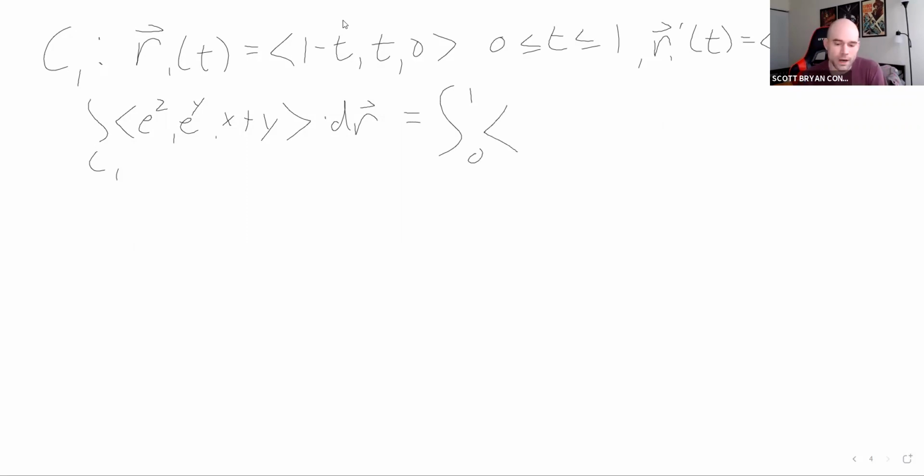E to the z, e to the y, x plus y becomes e to the 0, which is just 1, e to the y, which is t, so e to the t. And then x plus y is going to be 1 minus t plus t, which is 1. And then we said our r prime of t was negative 1, 1, 0.